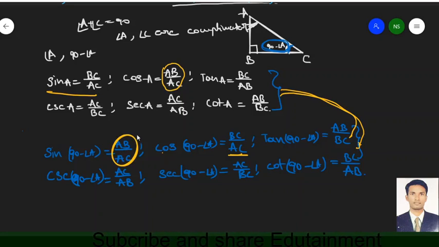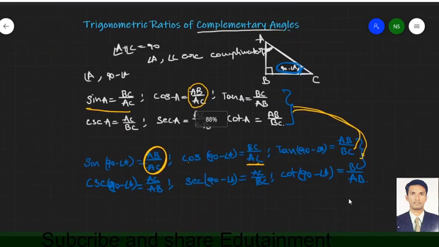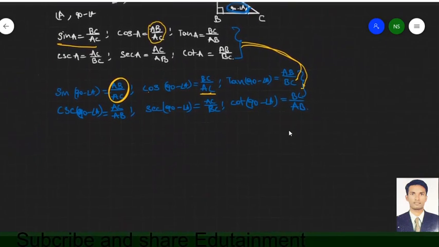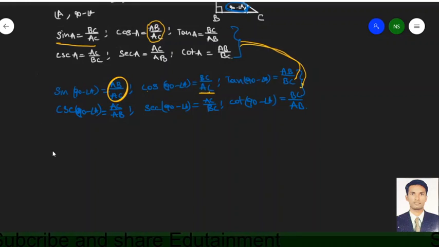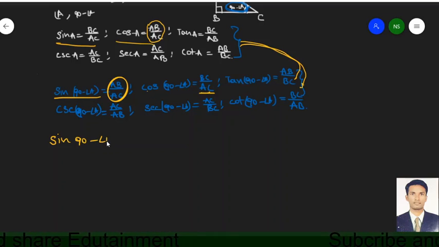From this one and this one we can write sin 90 minus angle A equals cos A.